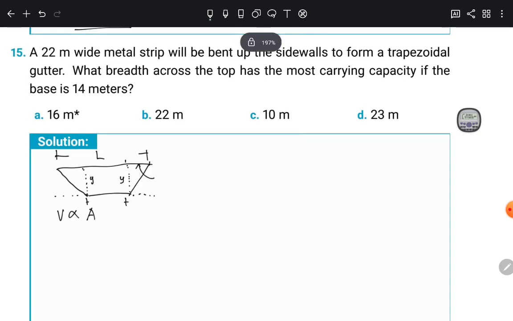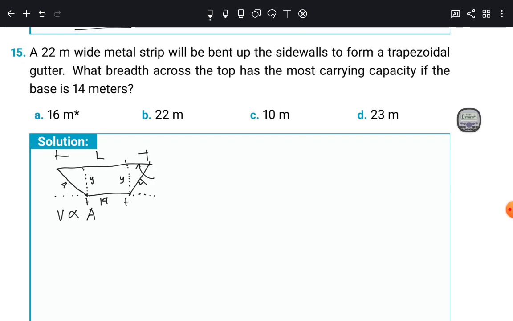We know that it's a 22-meter wide metal strip, and the base is 14, so this is 14 meters. Then 22 minus 14 is 8, and divide it into 2, so this will be 4, and this is also 4. This length here is 4 and 4, so the total will be 22 meters wide for the metal strip that was bent.